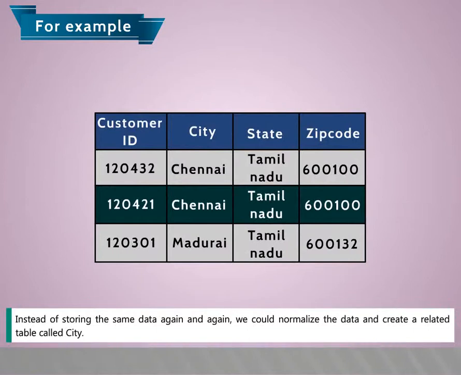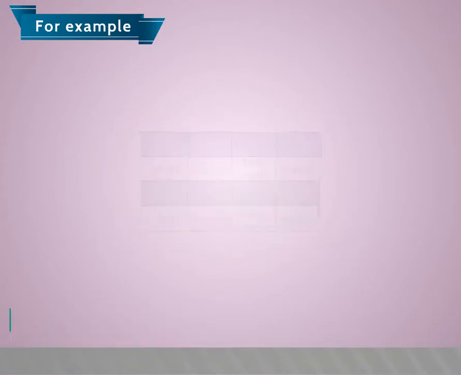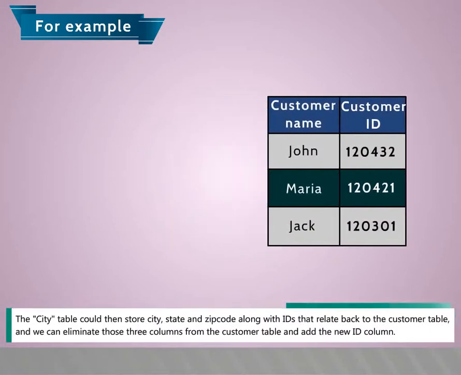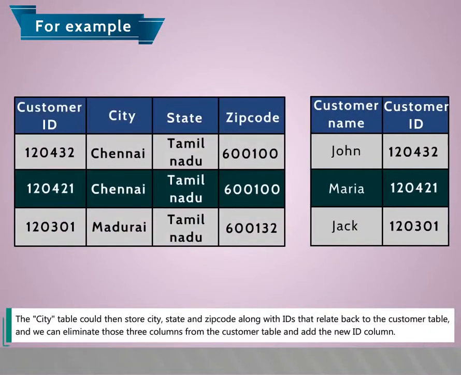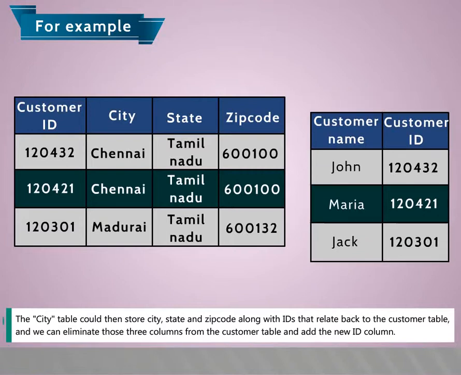Instead of storing the same data again and again, we could normalize the data and create a related table called city. The city table could then store city, state, and zip code along with IDs that relate back to the customer table, and we can eliminate those three columns from the customer table and add the new ID column.